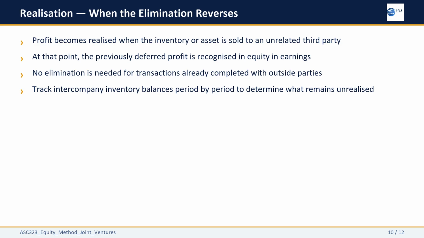What was unrealized last quarter may be fully realized this quarter. The discipline is straightforward. At each reporting date, determine how much intercompany inventory remains unsold and what profit margin it carries. Getting that number right keeps your equity and earnings accurate without overstating or understating what you have genuinely earned from the market.